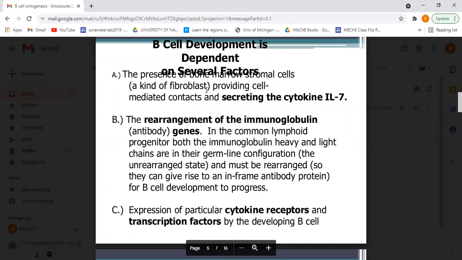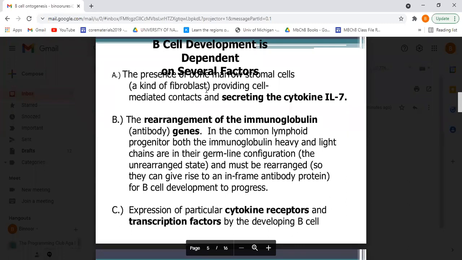Number two, there is also the rearrangement of the immunoglobulin antibody genes. Remember, these immunoglobulin genes already exist within the DNA itself, but they are not yet functional, and that requires the rearrangement of the immunoglobulin antibody genes.